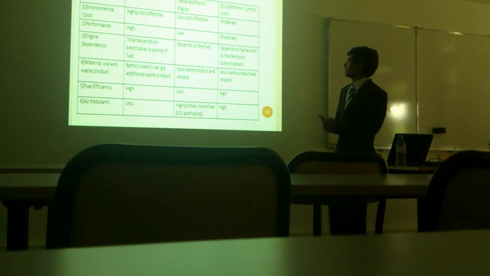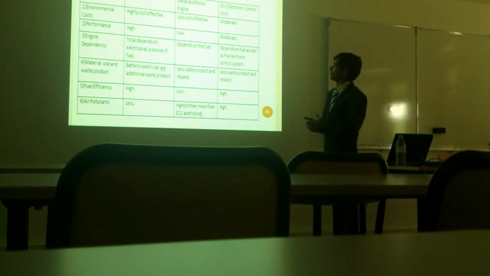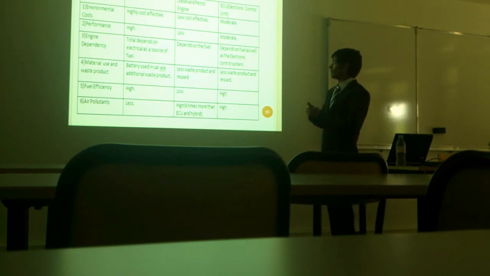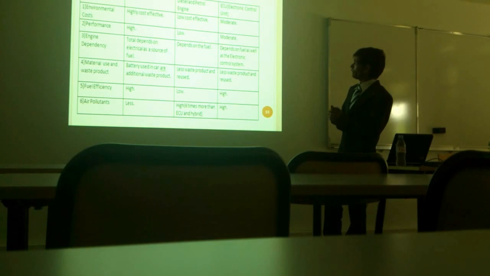And for ECU, there is less waste product, and we can reuse and reprogram it, and implement other programs inside our electronic control unit. Fuel efficiency is high in the hybrid engine, but in the diesel and petrol engine, fuel efficiency is low. And in a diesel and petrol engine, if you use the ECU, then our efficiency increases to high.